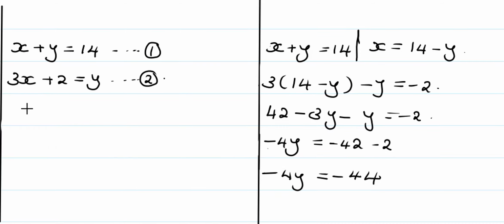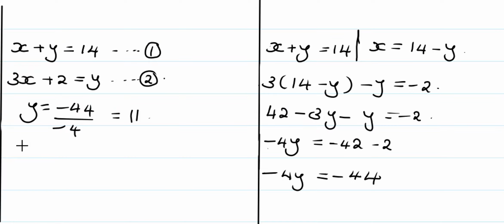So to get the value of y, I need to just say y is equals to minus 44 divided by minus 4, which now will be positive 11, like that. But we already know x plus y is 14. So to get the next number, now we already have y.